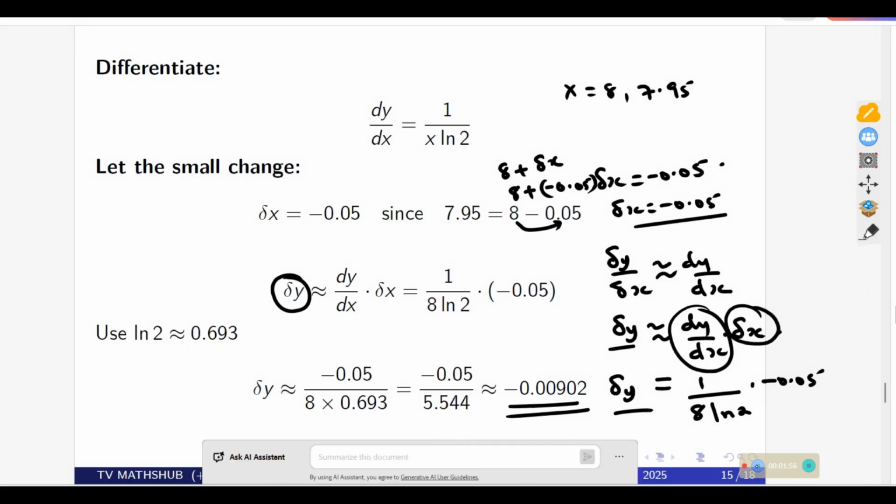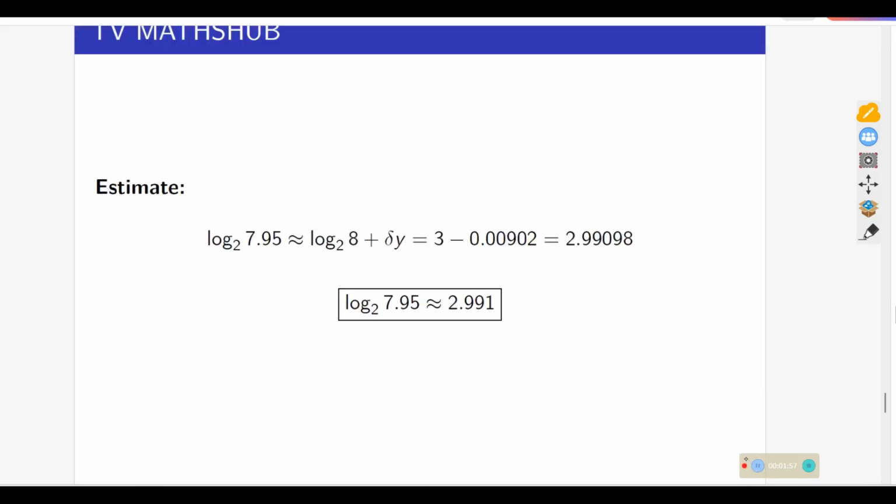So from there, let us get the final answer. The final answer will be log 2 of 7.95, which is approximately equal to log 2 of 8 plus a small change in y. So log 2 of 8, we already saw that is 3, plus a small change in y.